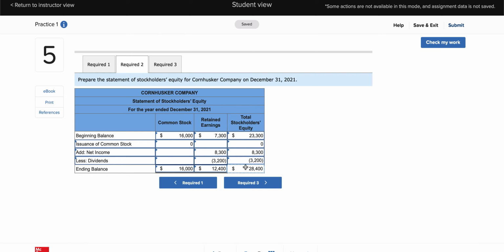And I want to make sure that these numbers also add down to that amount. 23,300 plus 8,300 equals 31,600 minus 3,200.